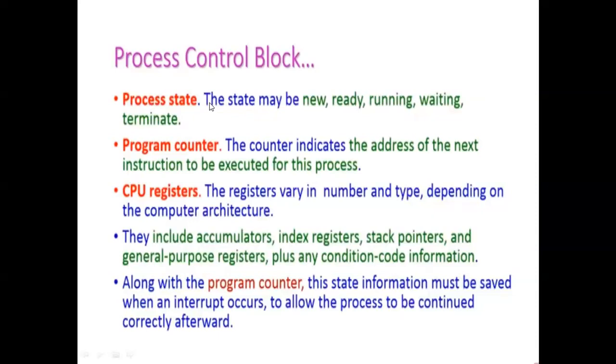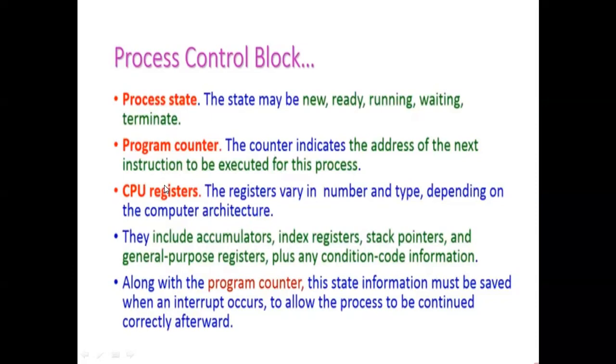The process state may be in 5 states, that is new, ready, running, waiting, and terminated state. Then the program counter indicates the address of the next instruction to be executed for the process. The CPU registers may vary in number and type depending upon the computer architecture.